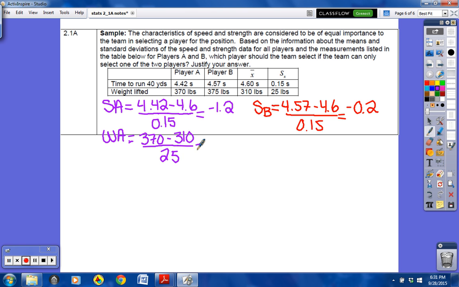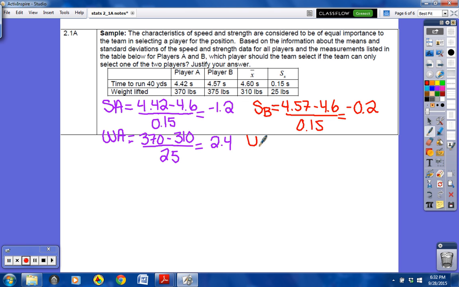So we're going to calculate how many standard deviations away they are. I subtract, hit enter, then divide by that standard deviation. So player A is 2.4 standard deviations above the mean. Pretty good, pretty high. Let's look at player B.